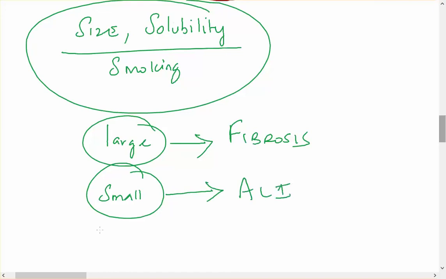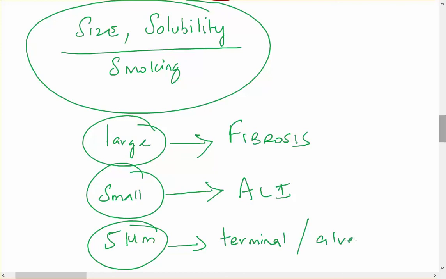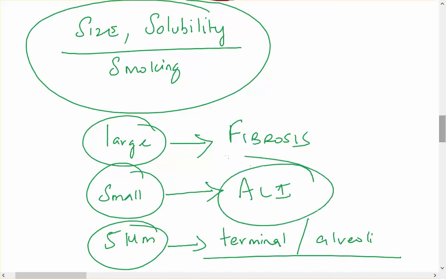So the size of the particle determines it. The size is around 5 microns, easy to remember like that. Around 5 microns they can enter the terminal bronchiole, which means they can enter the alveoli also. Understand? So this is a very dangerous particle, because immediately they produce acute lung injury, then they go for fibrosis.